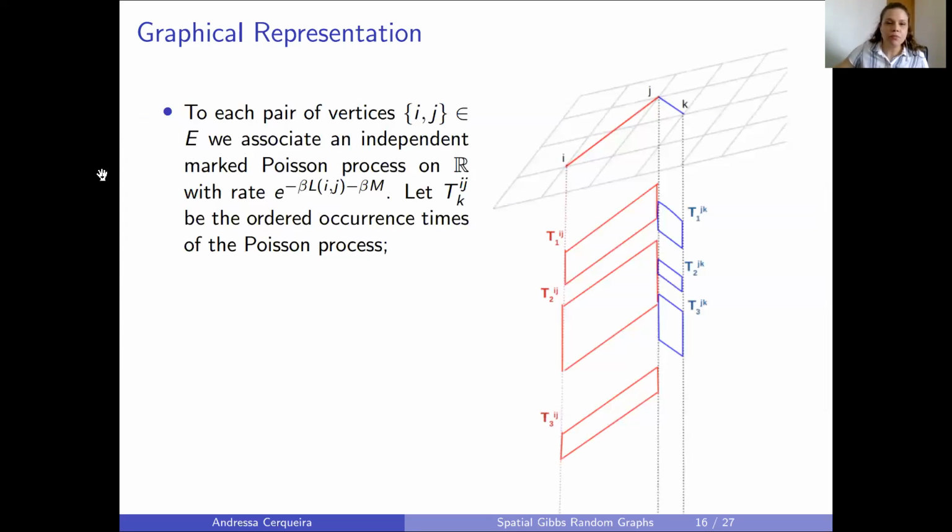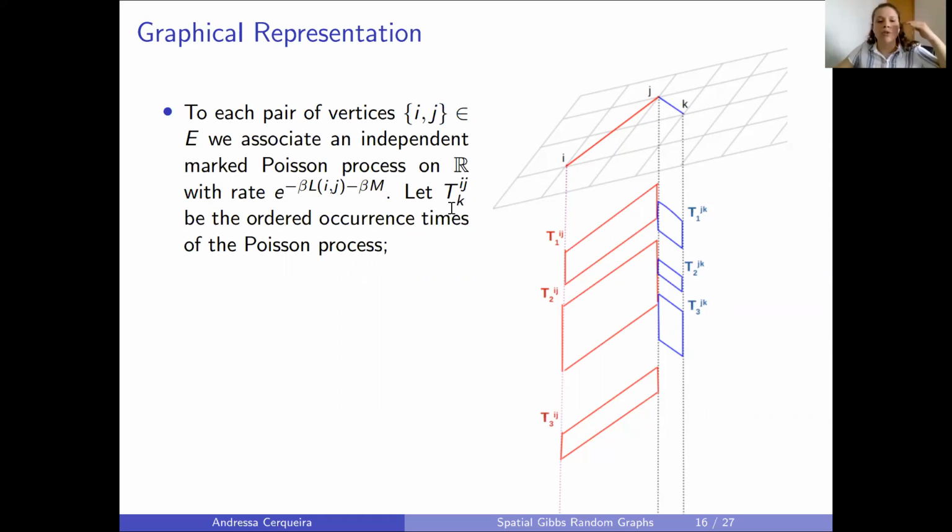Let me explain what this graphical representation is. I was trying to represent what I have in my mind with this picture. Here I have vertices i, j, and k, and we are going to look at the edges ij and jk. At each pair of vertices, we are going to associate a Poisson process with the rate that I defined before, the rate at which the edge will try to be born in the graph.